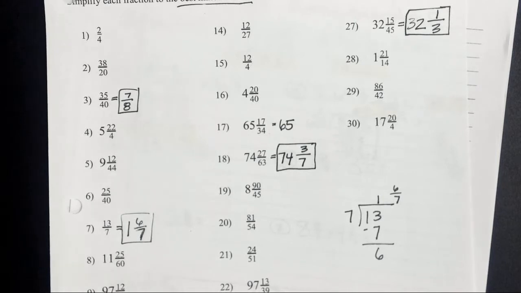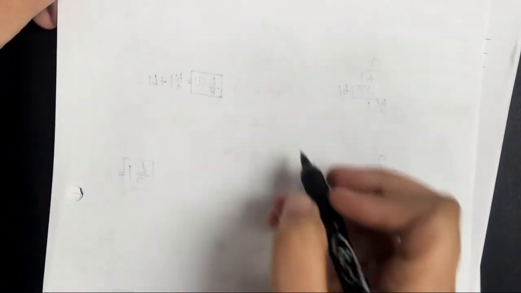If you have a numerator as a prime number, you can only simplify if your denominator is a multiple of that number. So think about a prime number like 3. 3 is prime. The only time we can simplify a fraction that has a numerator, top number of 3, I'm going to flip my paper over and show you.